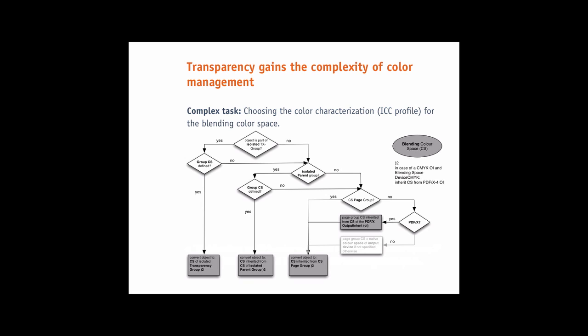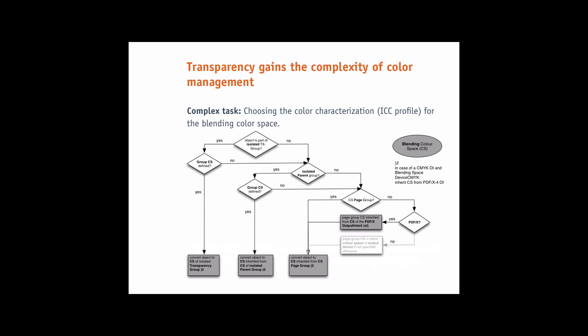If it's not, but there is a parent transparency group which has its own blending space, only isolated groups may have this, then this blending space has to be taken. It may come from the page group, as we learned before. The page itself is also a transparency group which may have its own blending space.